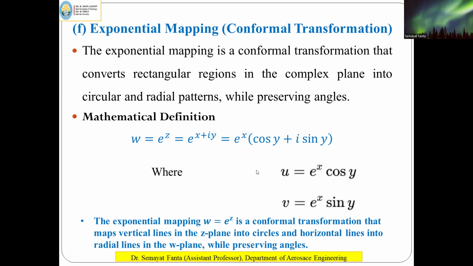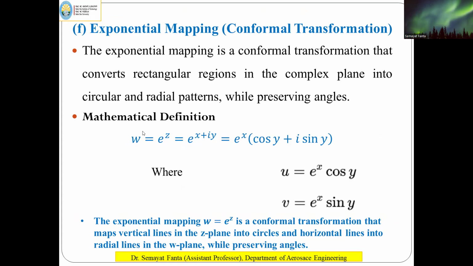Exponential mapping is also there. The exponential mapping is a conformal transformation that converts rectangular regions in the complex plane into circular and radial patterns while preserving angle.